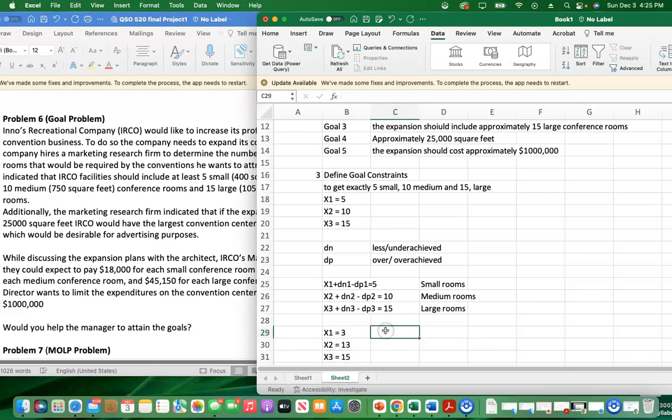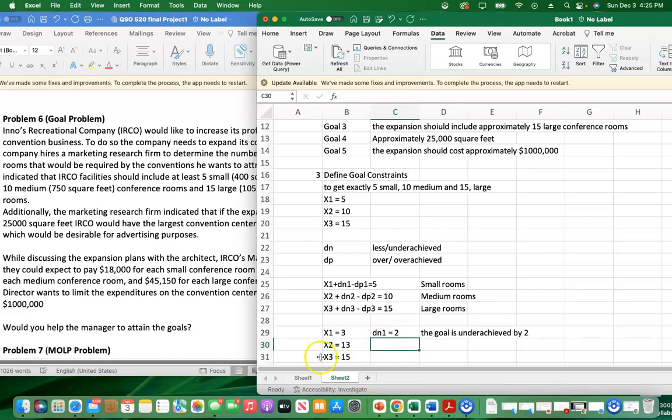In this case, in terms of deviation, dn1 should be equal to 2, because we are supposed to get 5, but we get 3. So we are getting less than 5, two rooms fewer, and so in this case the goal is underachieved by 2.